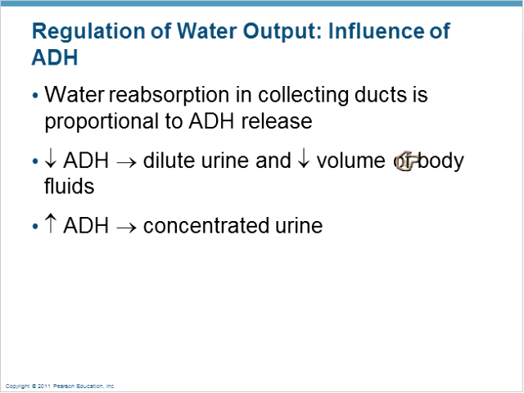There's a decreased amount of water volume in the body, but an increased amount of water output to the kidneys. On the other hand, if the ADH is high, not much water is getting out to the kidneys, so the urine is concentrated and the body retains more fluid.